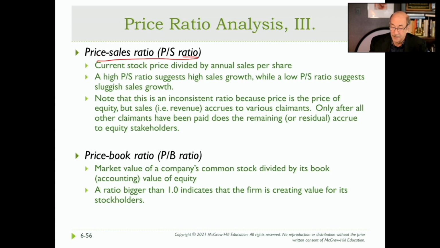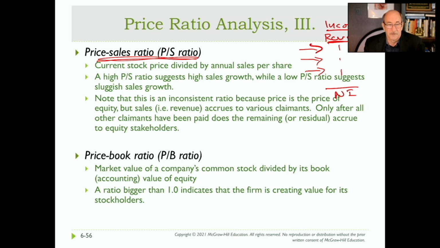Price to sales. Now, in Professor Damodaran's parlance, this is an inconsistent ratio, right? I always think about looking at the income statement: we're up here at the top, and we work our way down to the bottom, where we have net income. At the very top is revenue, and there are various claimants all the way down that take their piece of the pie. Obviously, it's suppliers for cost of goods, wages to employees, things of that nature that come out right here.